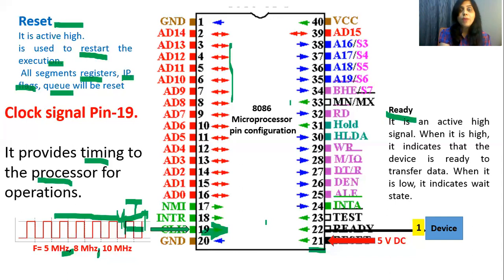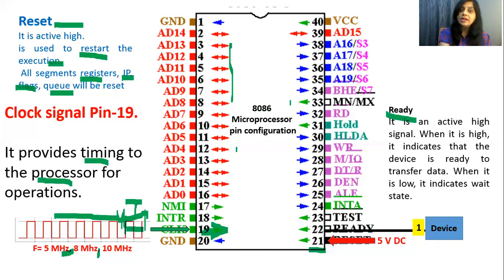We need to match the speed of the microprocessor and the speed of this device. That means the microprocessor should transfer data to this device only when this device is ready to receive it, or this device should transfer data to the microprocessor only when it is ready to transfer.